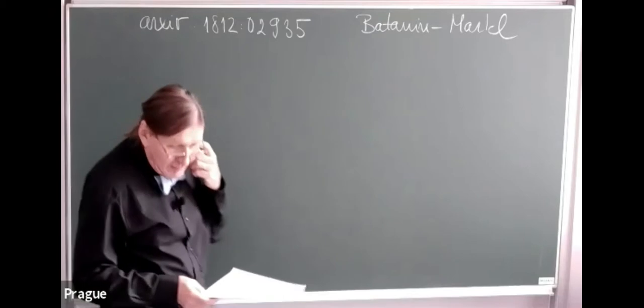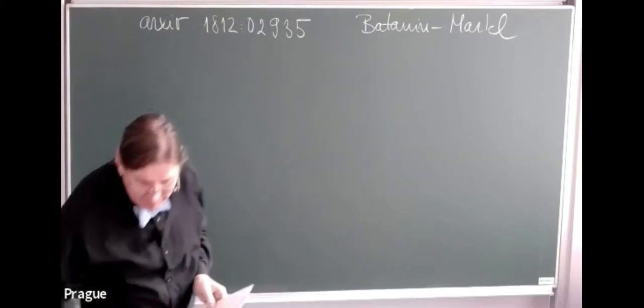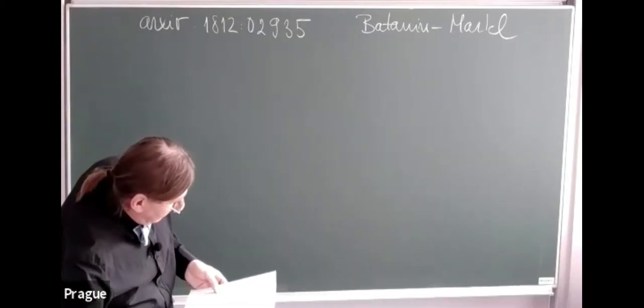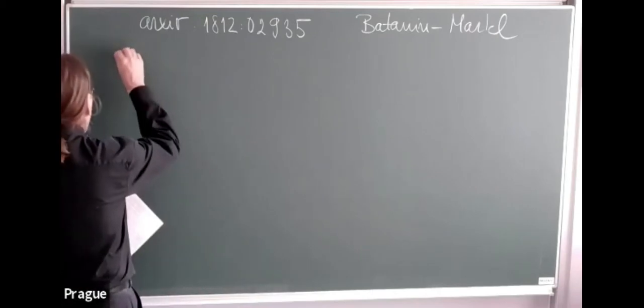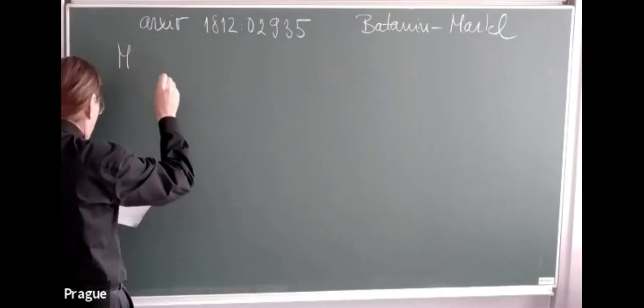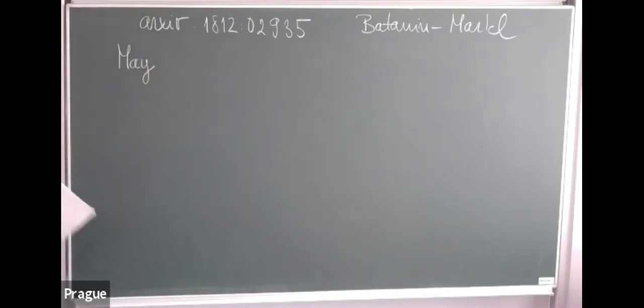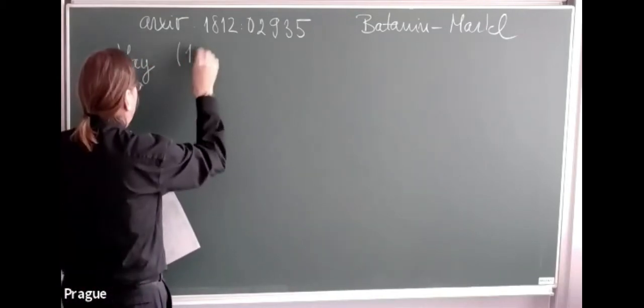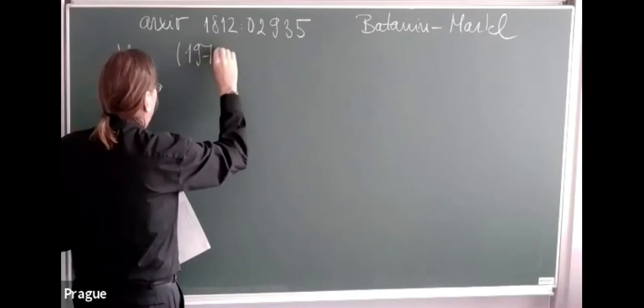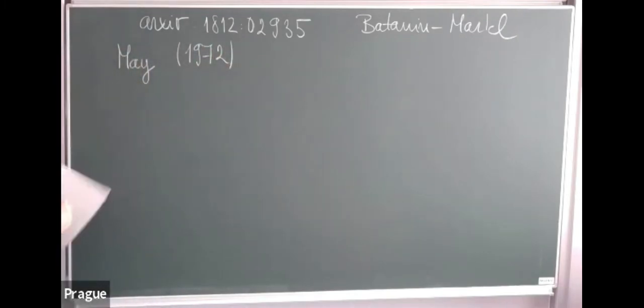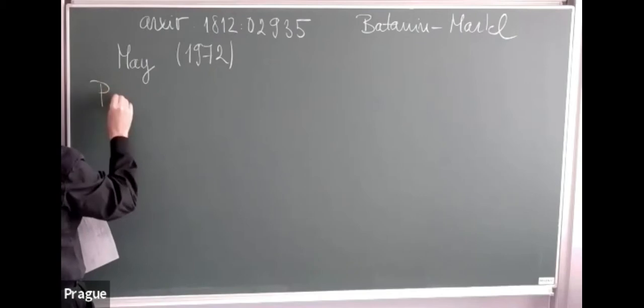So let me start with some very classical things. I believe that everyone knows the original definition of operad by Peter May, I think from 1972. So what an operad was, it was a collection P_n.